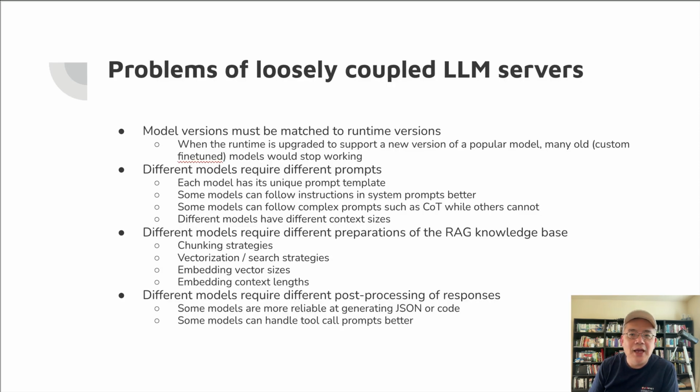If we look at large language model applications, the problem with microservices or sidecar services is especially apparent, because a lot of large language model applications require really tight coupling between the application itself and the model that powers it. For instance, the model evolves really fast, so it has to be strongly coupled with the runtime that runs it.